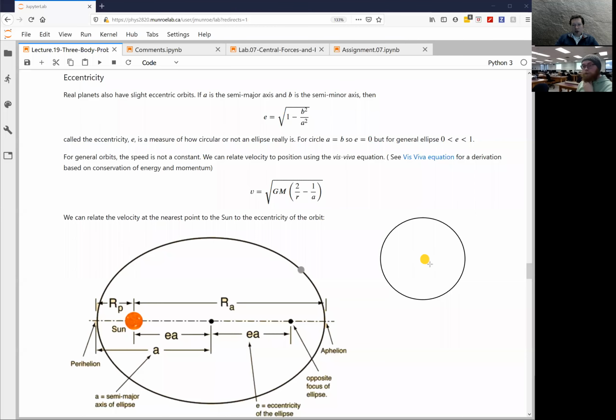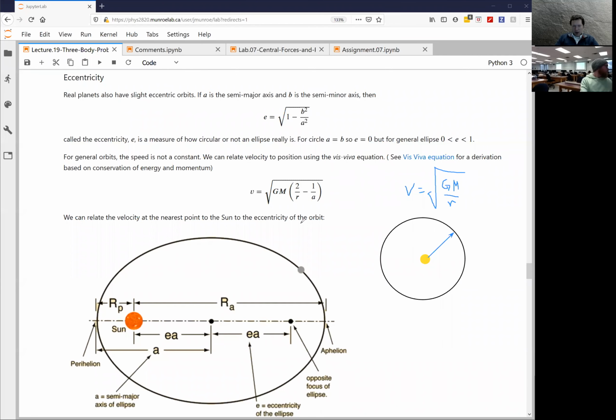Then we said that for a circular orbit, the speed v needs to be equal to the square root of GM over r. If you have an elliptical orbit, the relationship is a little more complicated.